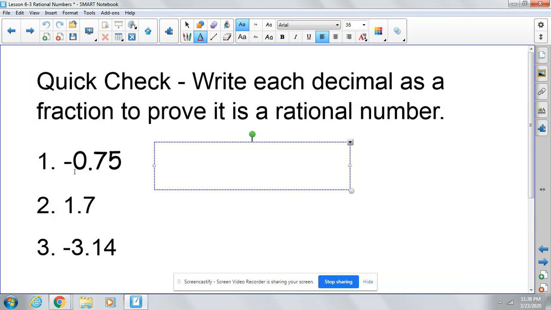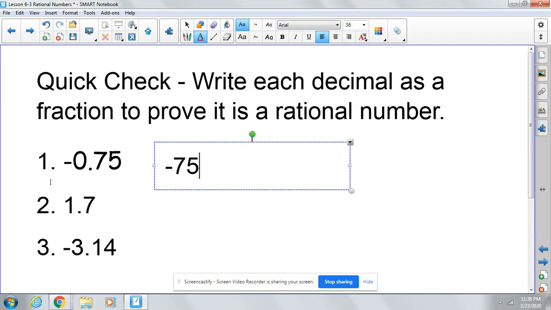To write negative 0.75 as a fraction, you have to think about what sign you have. Is it negative or positive? This value is negative, so I keep my negative sign. The number that I'm looking at is 75.